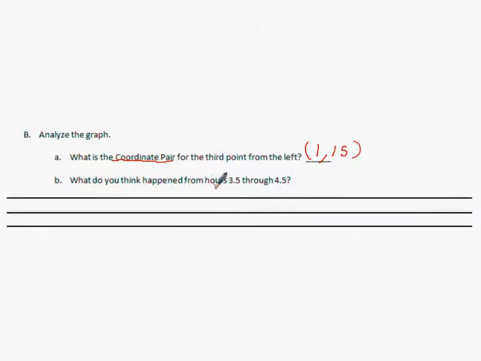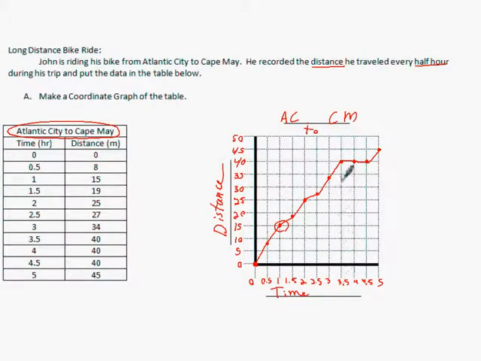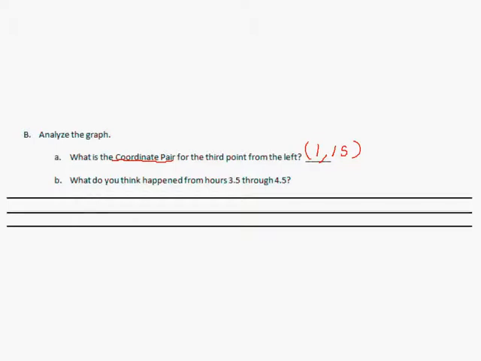What do you think happened from hours 3.5 to 4.5? So let's take a look. From 3.5 to 4.5, we have a flat graph, and if you remember from lesson 1.2, a flat graph means nothing happened. So they must have stopped. Since they're talking about a bike ride, come up with the reason why they stopped.